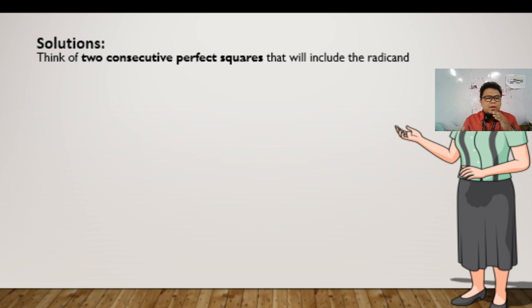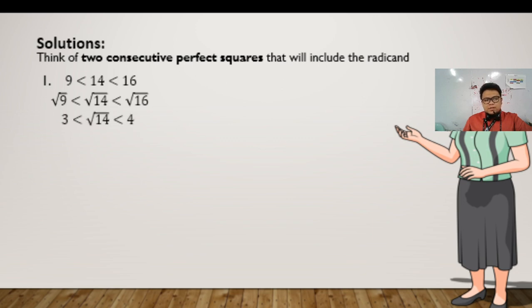So we are going to use those perfect squares, 9 and 16. We put a square root on every number: square root of 9, square root of 14, and square root of 16. The square root of 9 is 3, and the square root of 16 is 4.